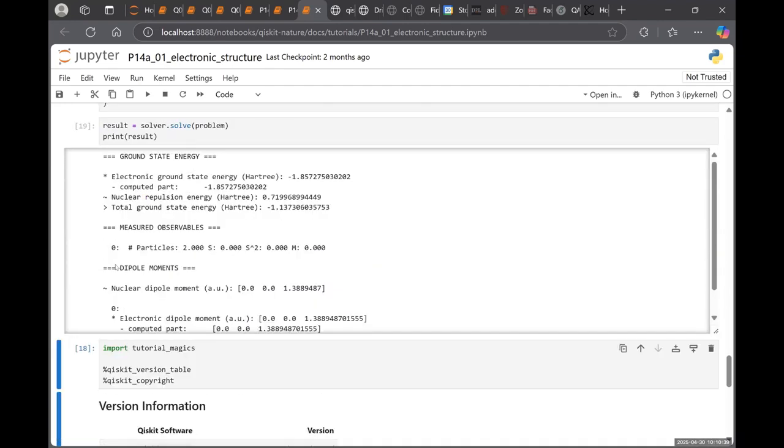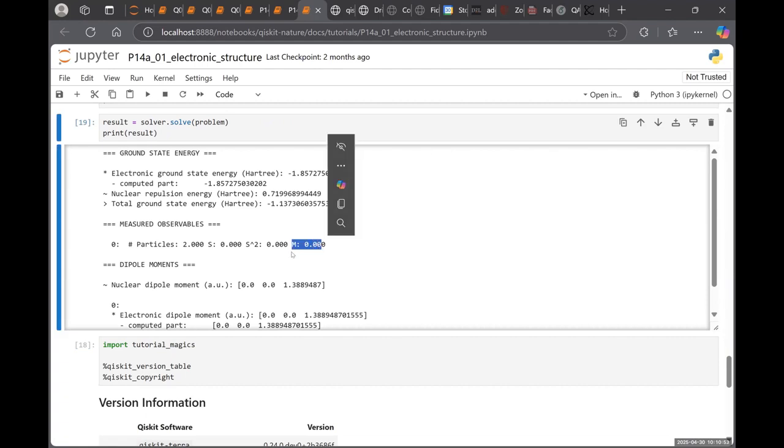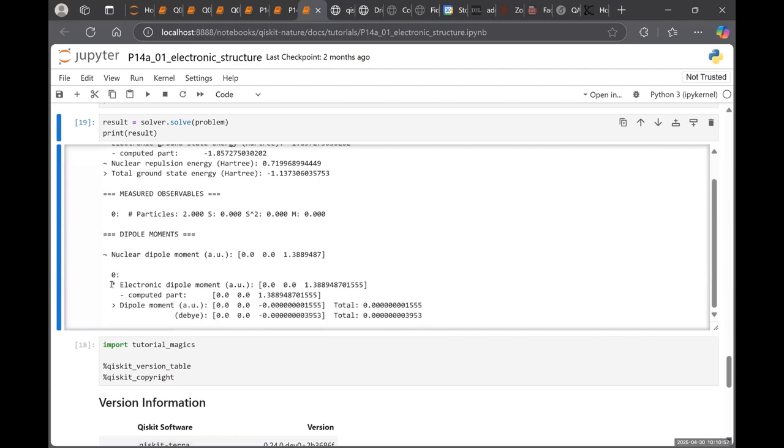Okay. So there is also other information, measured observables: particle number, total spin S, mass. Wait, this is magnetic moment. Okay, and dipole moment.